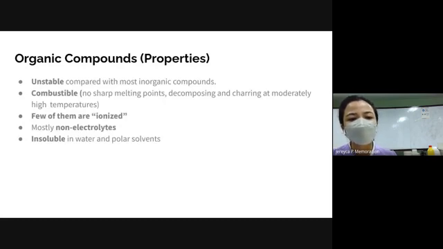So in order to differentiate organic compounds from inorganic compounds, we can determine it by identifying the functional groups that are present in those compounds.